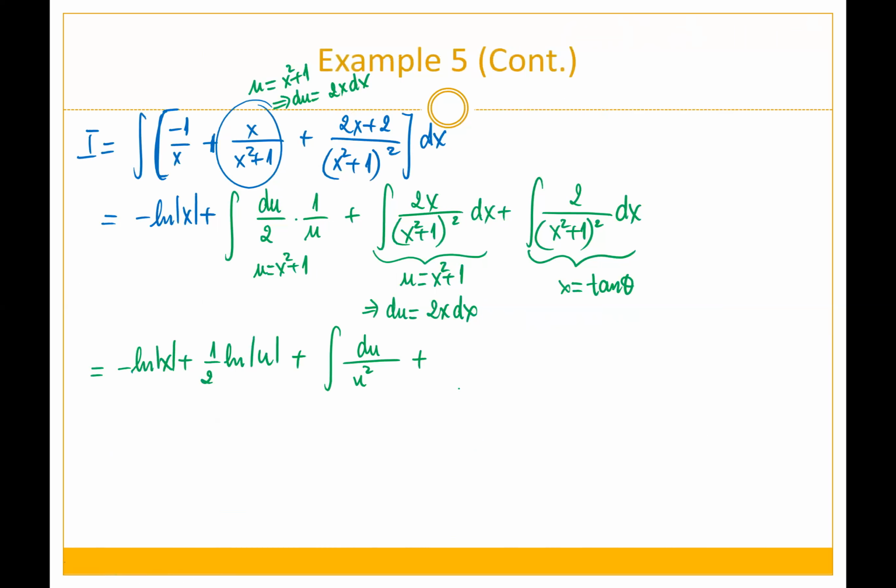So you have 2 tangent of x plus 1 square, which is going to give us dx is secant square theta d theta. So it has secant square theta. Now, you can break it down into smaller, say like I1, I2, I3 before combining them together.